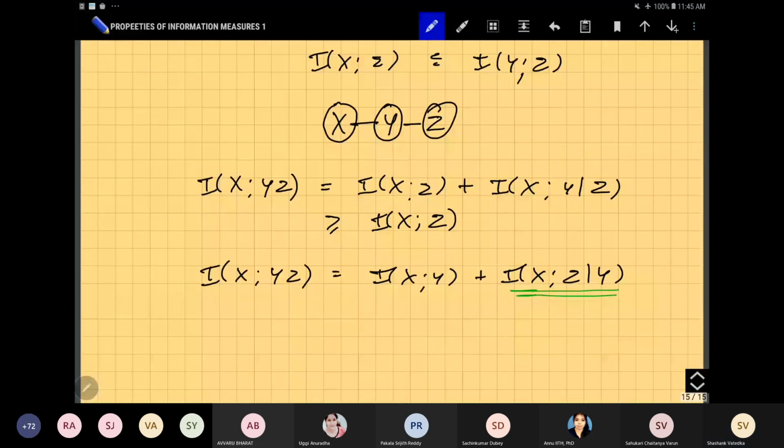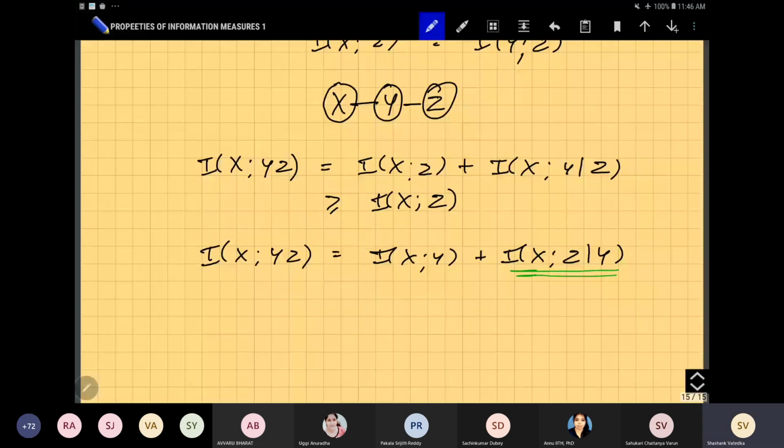It's 0. Z given Y is completely independent from X. Correct. So to get that a little better, let's expand I(X;Z given Y). So this is H(X given Y) minus H(X given Y,Z).